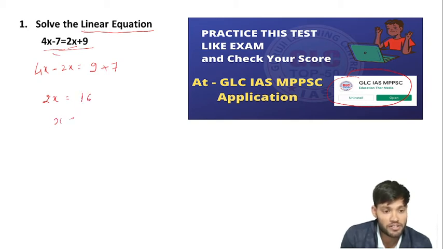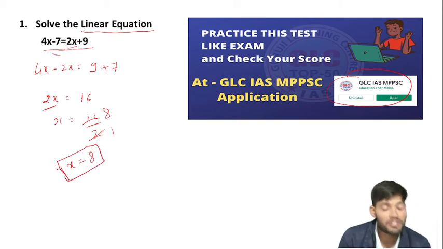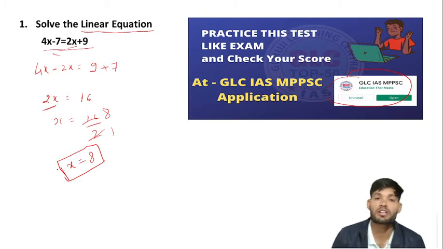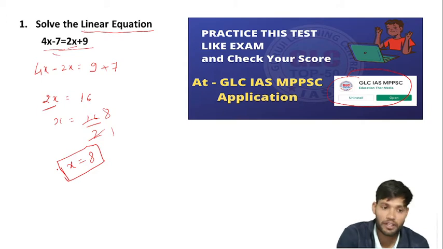Here x is equal to 16 by 2, because 2 is in multiplication, so on the other side it goes to the denominator. 2 ones are 2, 2 eights are 16. So x is equal to 8. The value of the variable x is 8. So we can say the solution of this equation is x equals 8.